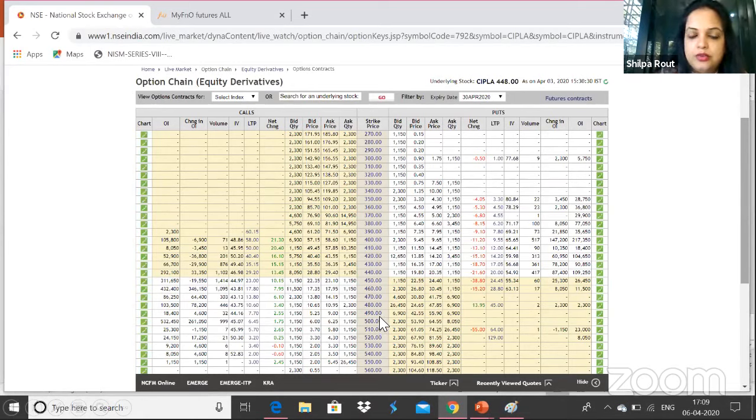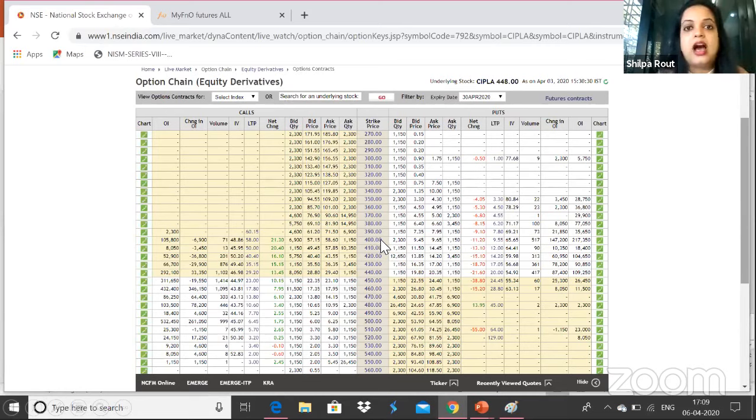One thing I would like to tell you: whenever you see the maximum open interest on the put side, it means the brief support level for that underlying would be the same. In this case, if 400 on the put side holds the maximum OI, we should assume that 400 for the time being is the support zone for Cipla.